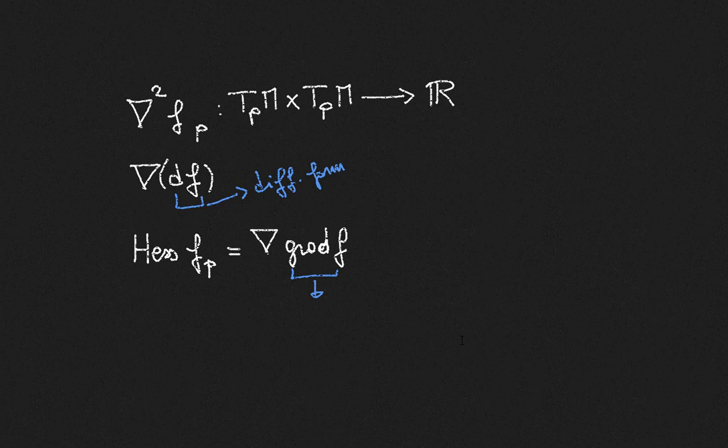This is a vector field. So to pass from one to the other, you have to use the metric. This is the covariant derivative of the f sharp.